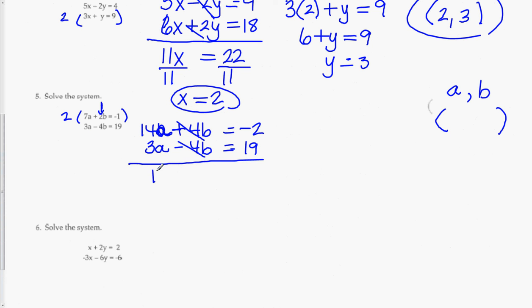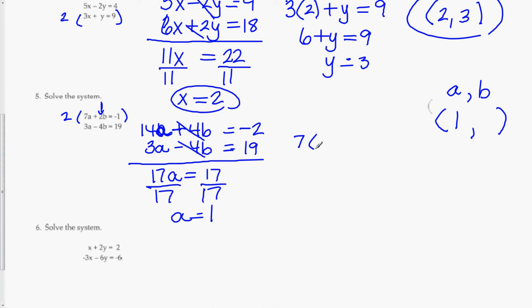14 plus 3 is going to give me 17a equals negative 2 plus 19 would give me positive 17. Divide both sides by 17. So a equals 1. So we'll put that over here. And so on this particular one, it doesn't look like either one of them is any easier. I'm just going to randomly pick the top one.